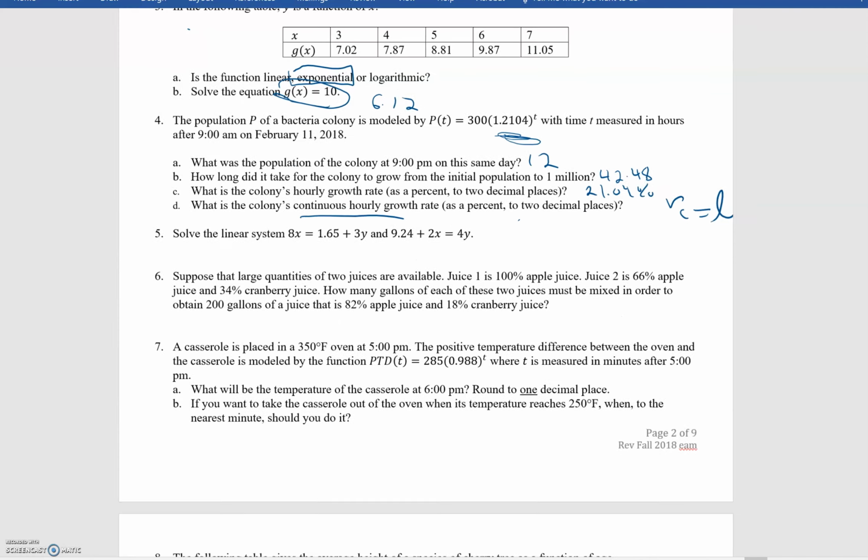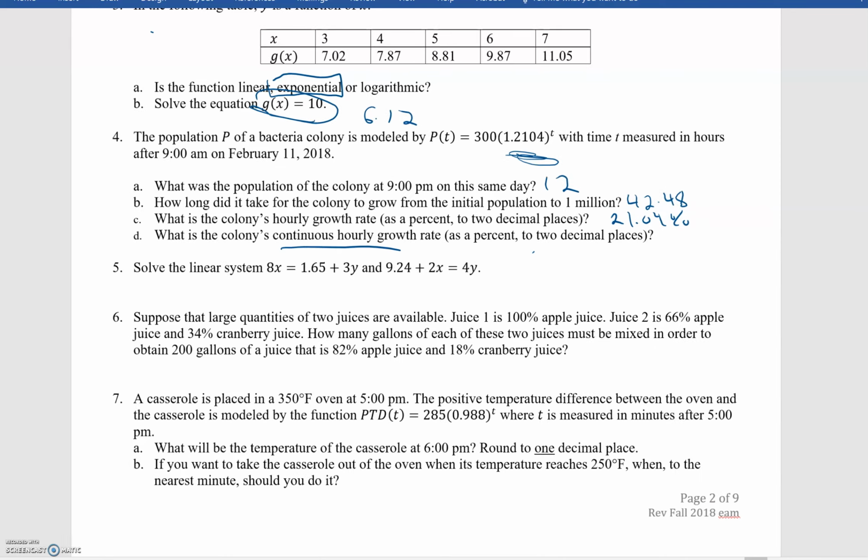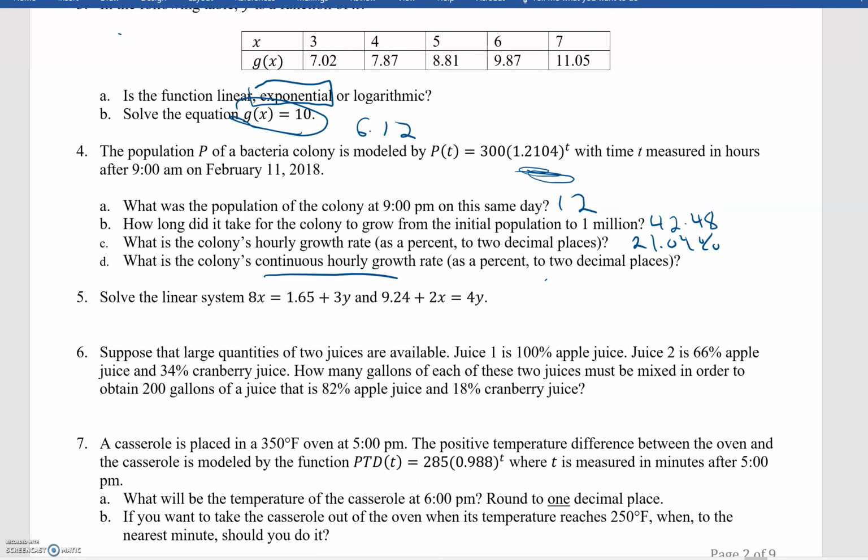It doesn't want me to do that. Okay. All right, ln of 1.2104, and then I'll need to multiply that by 100.